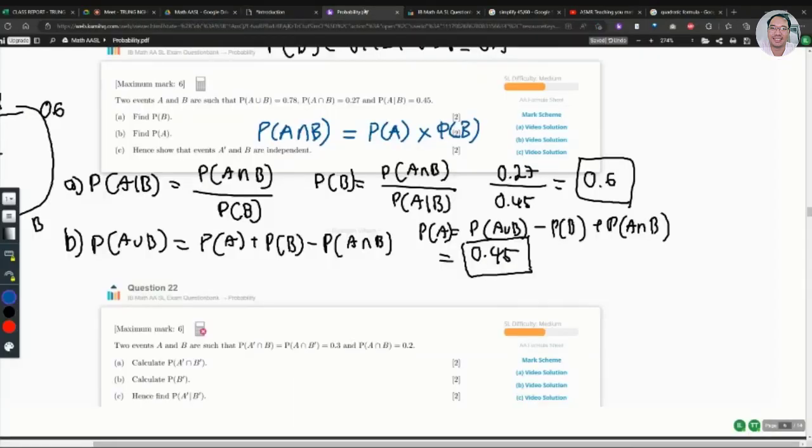I'm just wondering something. What is the difference between mutually exclusive and independent events again? Mutually exclusive means they cannot happen at the same time. You cannot be at home and at school at the same time. Being at home is event A, being at school is event B, they cannot happen at the same time. That means mutually exclusive. Okay.